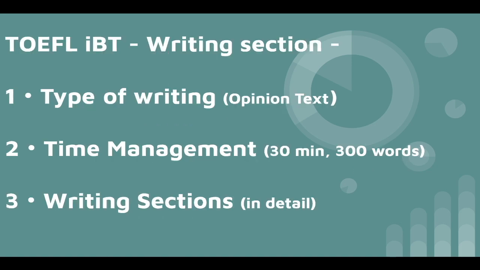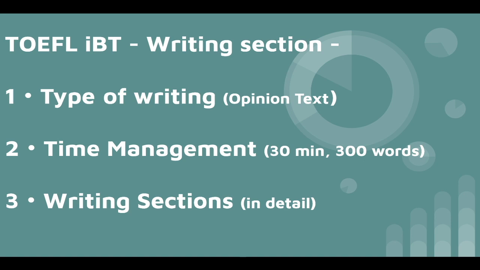Okay, so let's start. So the TOEFL iBT writing section, basically there are three main points that you need to master to ace the test. Number one, the type of writing. You have to be aware that it's an opinion text. So you have to be able to think of your opinions fast and write them fast and know what an opinion is.